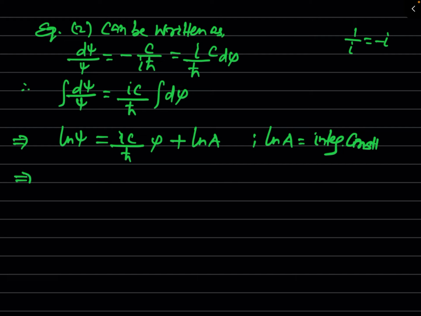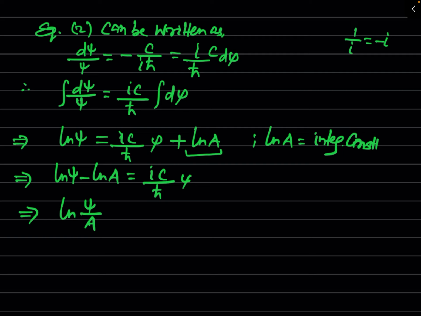Now let us simplify this equation. When you bring this ln a to the LHS, this will be ln psi minus ln a, equal to iC over h bar times phi. Now ln psi minus ln a will be ln psi over a, because you know log a minus log b is log a by b.